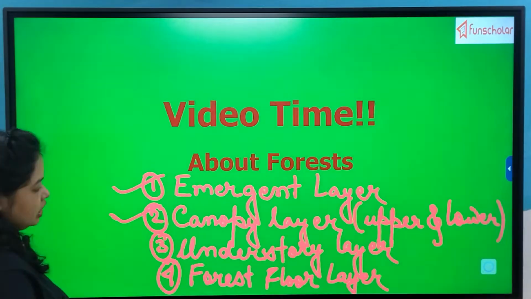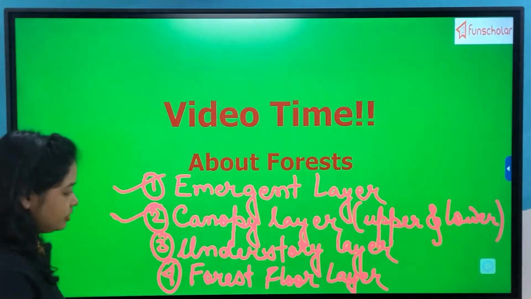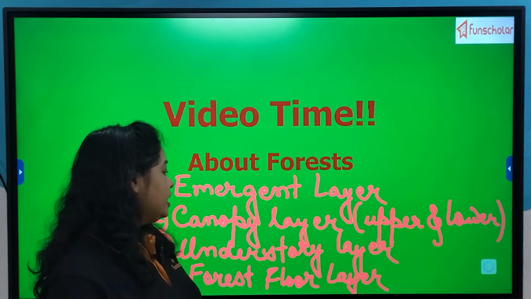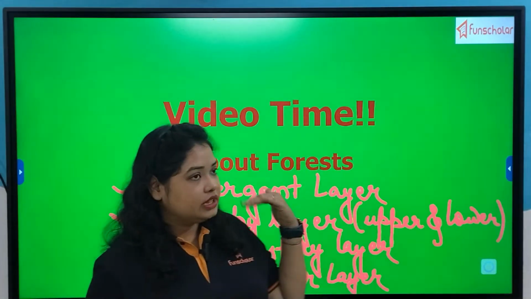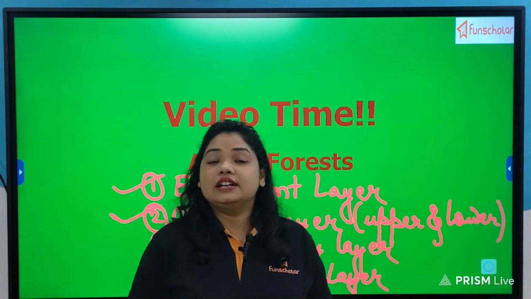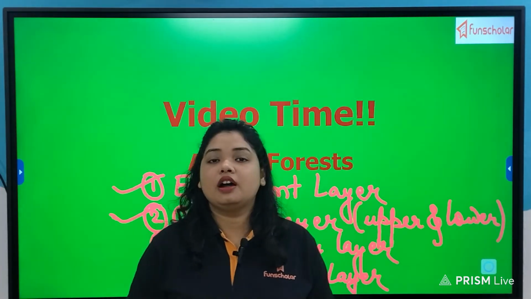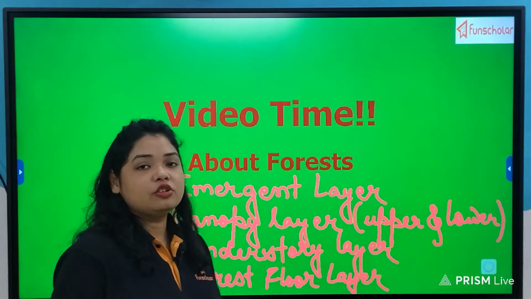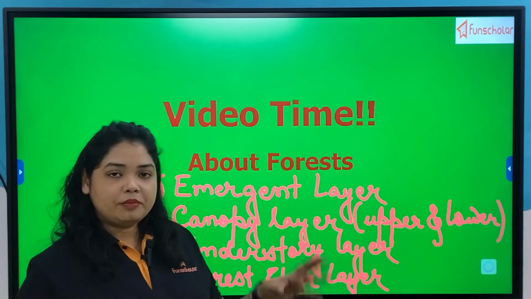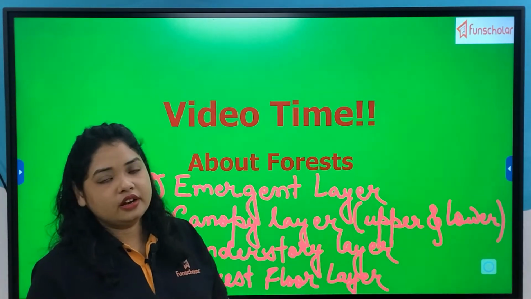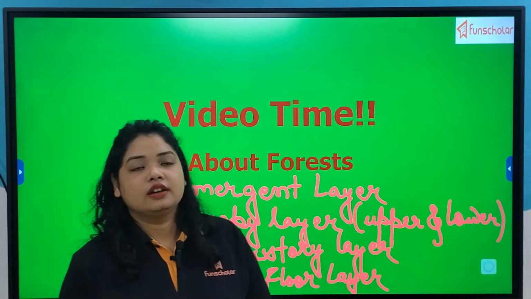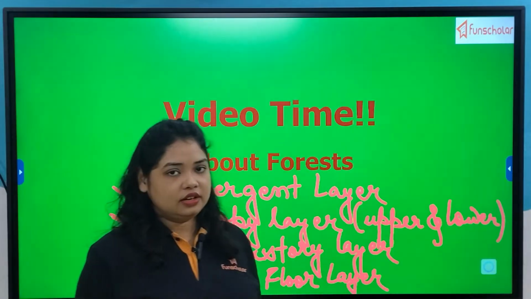Then the understory, where we mainly find animals such as mammals, that is, the bats. They are present below the canopy layer, on the underside. That is why the name understory. So from above, the upper side is the canopy layer, and from the underside of the canopy layer, it contains the understory layer.